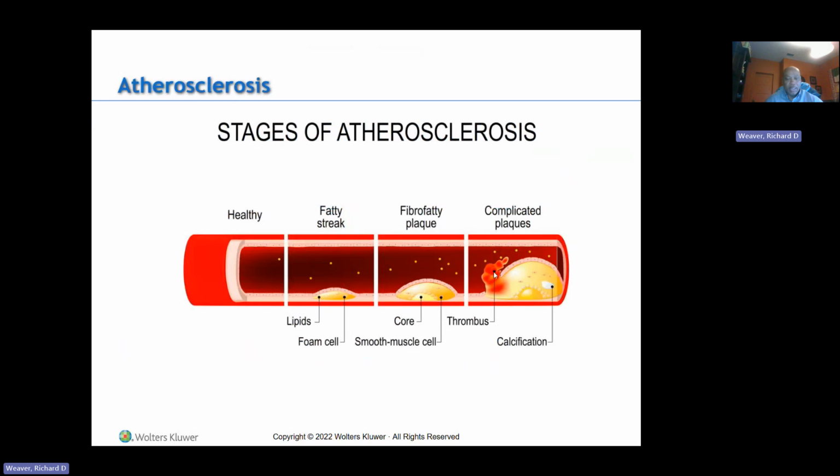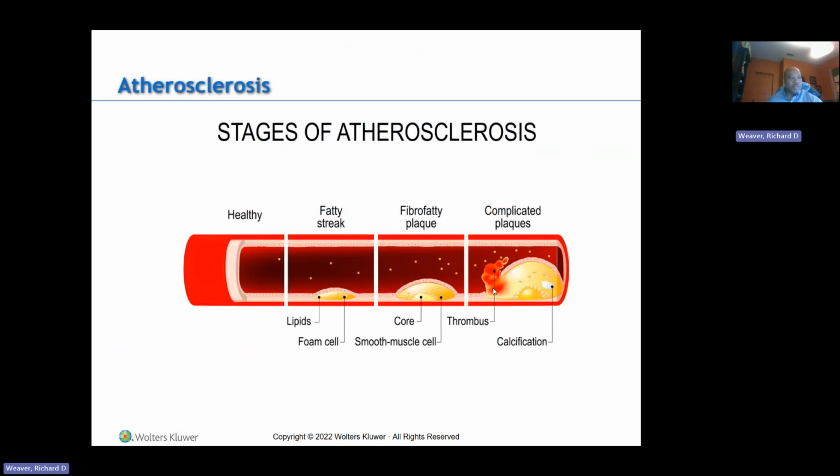In the case of the heart, the coronary arteries, someone can develop a heart attack because, let's say blood is going in this direction, and you develop that occlusion right here from the thrombus, then all that cardiac tissue beyond that point is not being perfused.